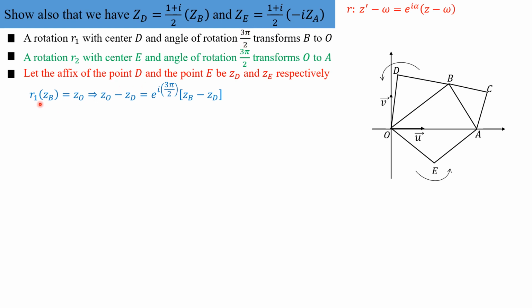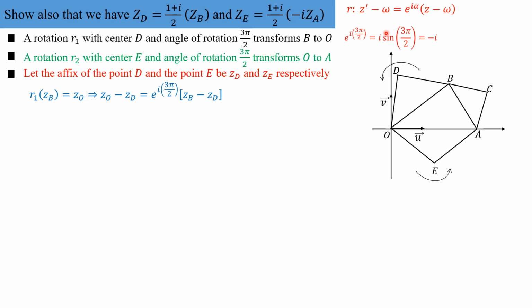So I'll have ZO, the output, minus ZD, the center, equal to e raised to the power i 3 pi ln 2 times ZB, the input, minus ZD, the center. Now e raised to the power i 3 pi ln 2 is simply cos 3 pi ln 2 plus i sin 3 pi ln 2, where we know cos 3 pi ln 2 is 0. So finally we get i sin 3 pi ln 2. But sin 3 pi ln 2 is negative 1.